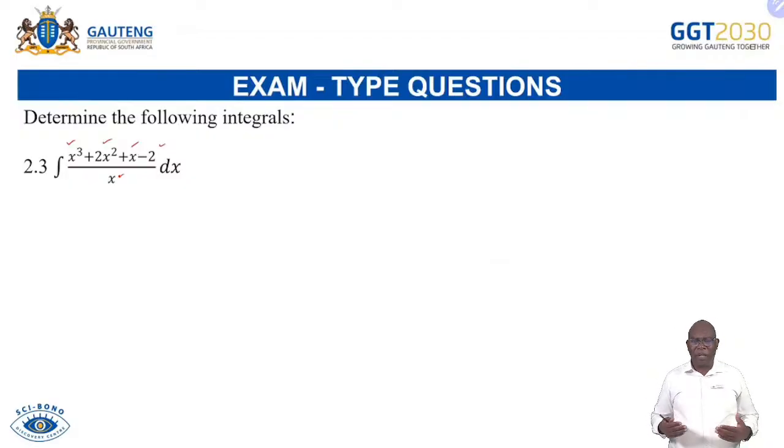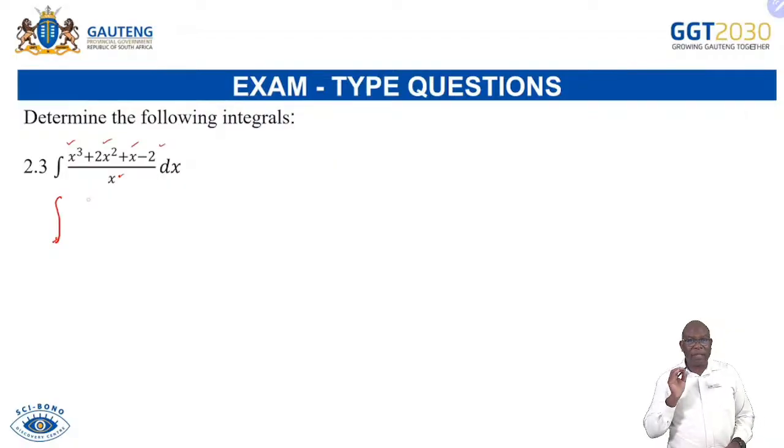Remember when we were adding fractions, we know that if all the denominators are the same, we just write the numerators together. And then we just sum the numerators and keep the denominator as it is. Okay, right. Now in this case, same principle. So I'm going to have, first of all, I'm keeping the integral sign.